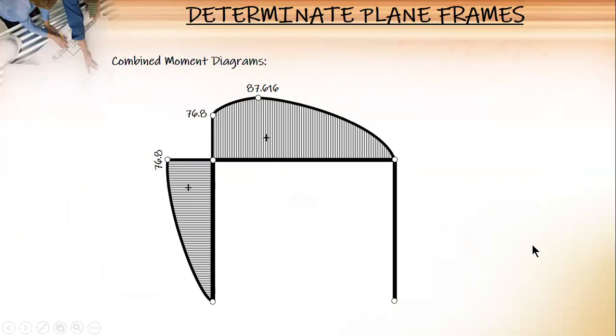Okay? This is the combined moment diagram. Okay. So, that is how to analyze a determinate plane frame. So, the problem is very basic. Okay? Very basic.